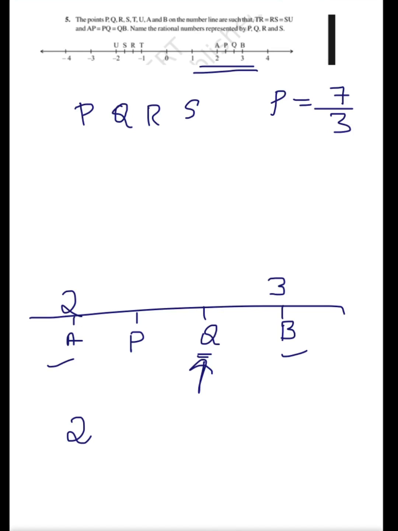Now you need to write the numerator and denominator. For the denominator, you need to see how many divisions are there between A and B. That is 1, 2, 3. 3 divisions, so 3 will be the denominator.